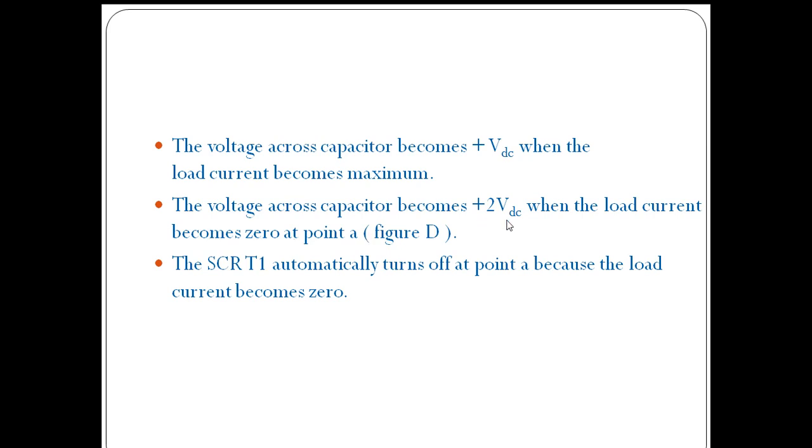The voltage across the capacitor becomes plus 2 VDC and the load current becomes 0 at point A. Whenever the capacitor attains maximum voltage and the load current reaches 0, the SCR T1 is automatically turned off at point A, because the load current becomes 0.